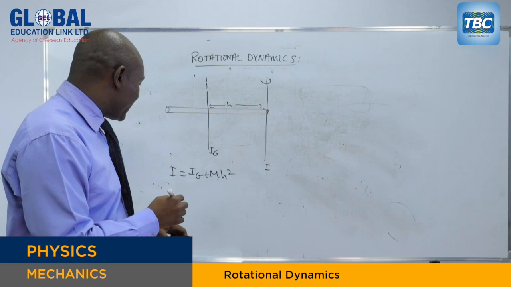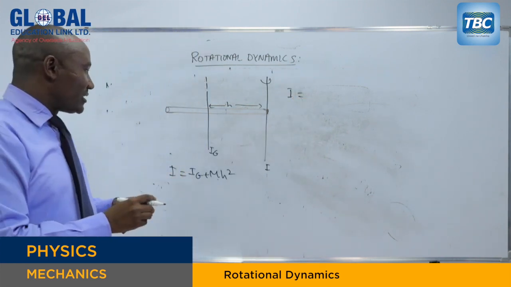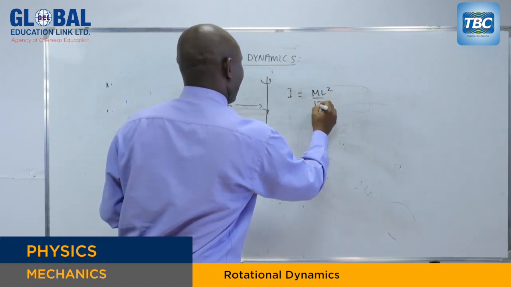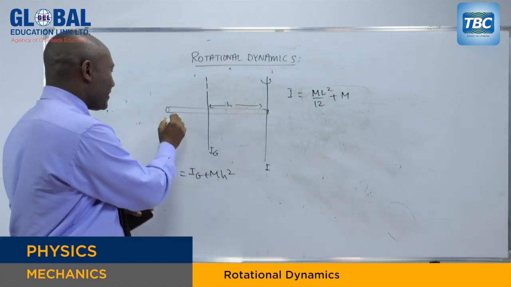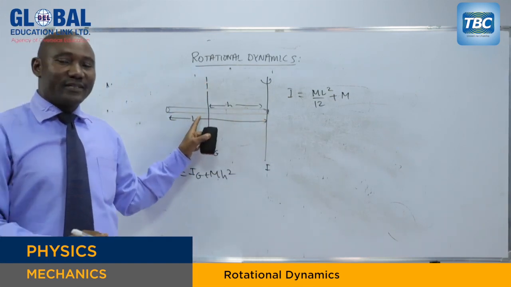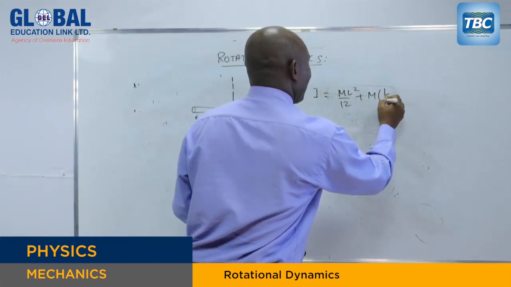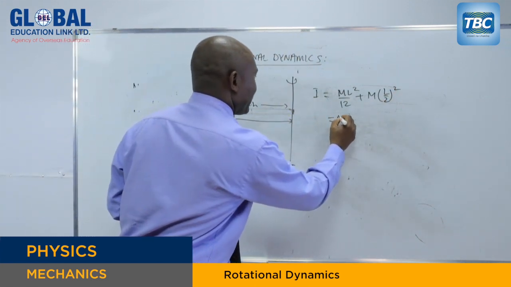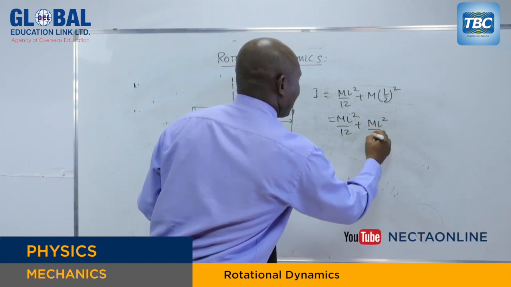So we know the moment of inertia about the center is given by mL squared over 12, plus m times h squared. Our h is half of this length, since this is passing through the center. So it's L over 2, half of the whole length. And we get mL squared over 12 plus mL squared over 4.